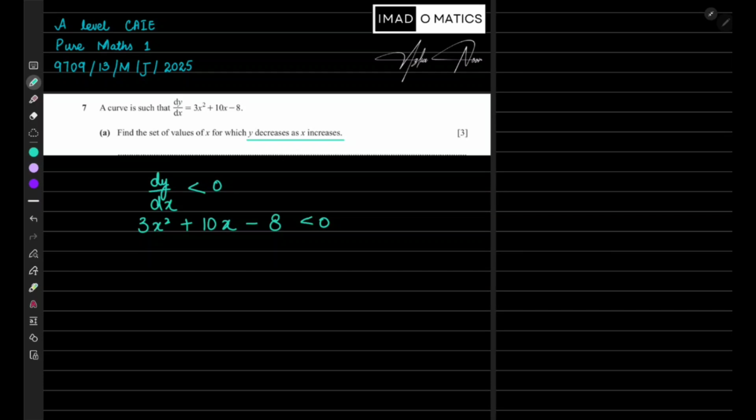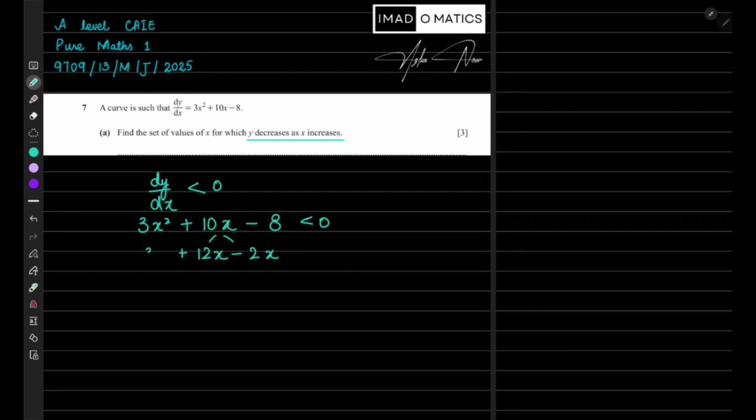That means we need to first solve the quadratic equation, and that is 8 times 3. So using breaking of the middle term, this 10 should be split up into 12x minus 2x, so that when multiplied will give you 24, that is the product of 8 and 3, and when added up should give you 10x.